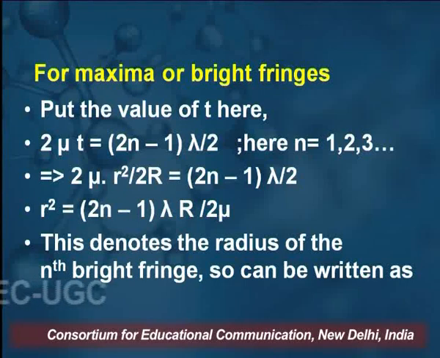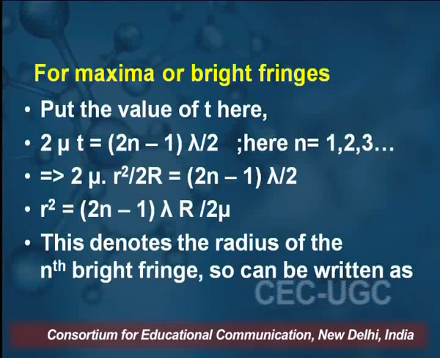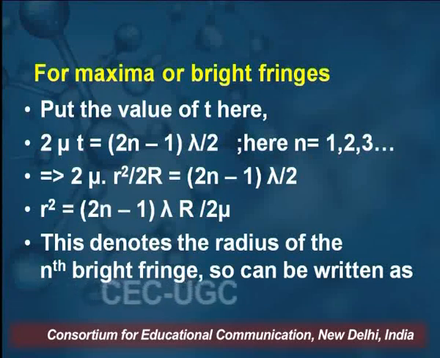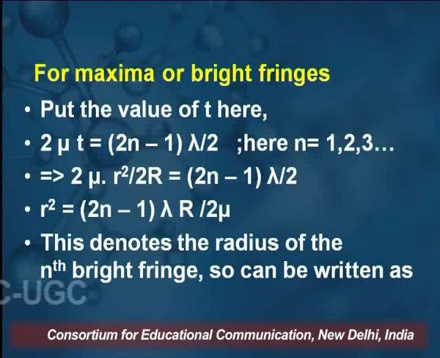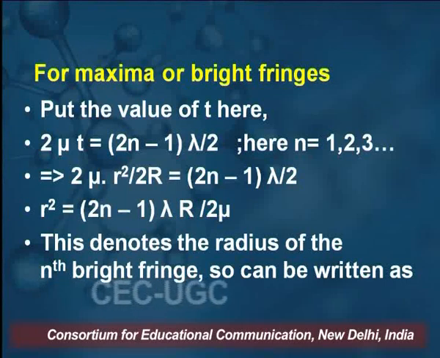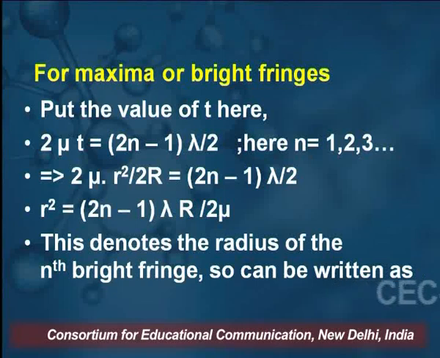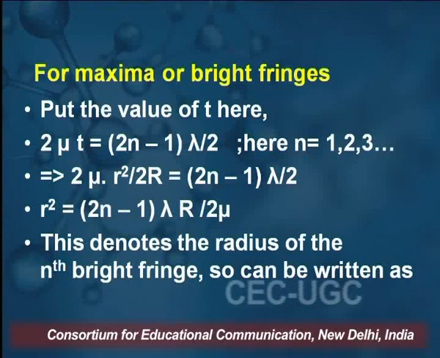For the maxima, or the bright fringes, we put this value of t here. So we get 2 mu t is equal to (2n minus 1) lambda by 2, where n is equal to 1, 2, 3. This is the formula for the bright fringes.